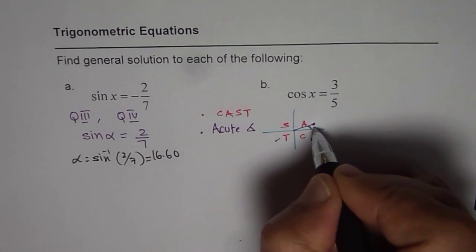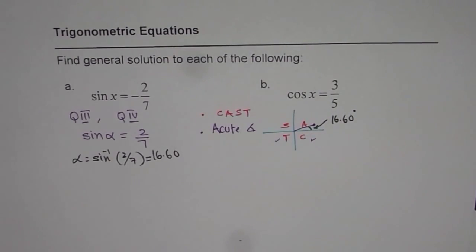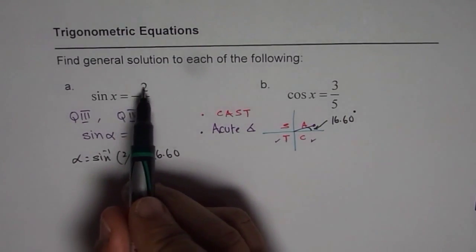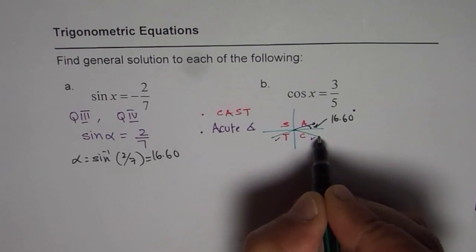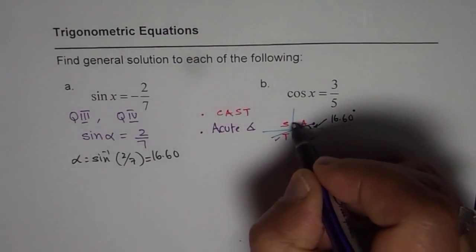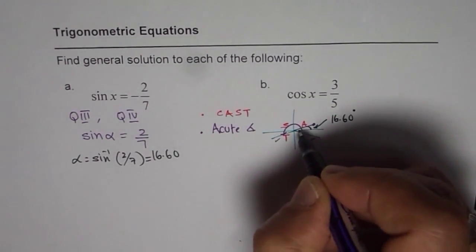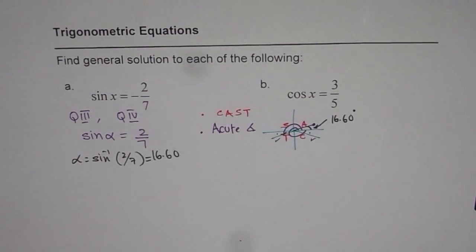So we got this angle, which is 16.60 degrees. But the real solutions we are looking for are for minus 2 over 7, which will be in quadrant 3 or quadrant 4 for sine. When we say quadrant 3 or 4, what do we mean? We mean that the principal angle for these cases is 180 plus alpha, or 360 minus alpha, where alpha is the acute angle.